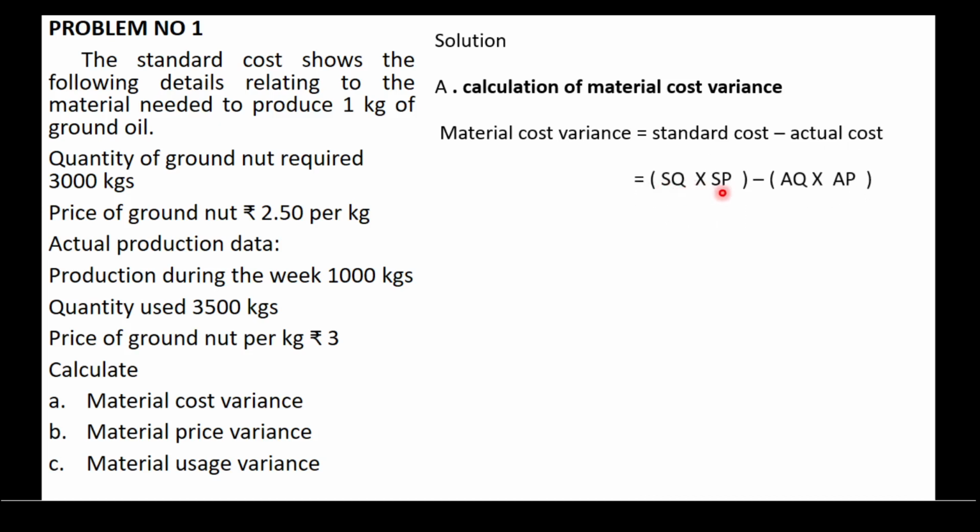The standard quantity is 3000 kgs and the standard price is 2.50. The actual quantity is 3500 kgs into actual price rupees 3.